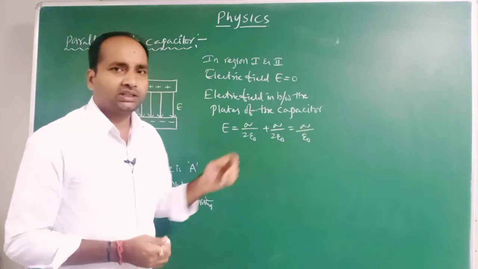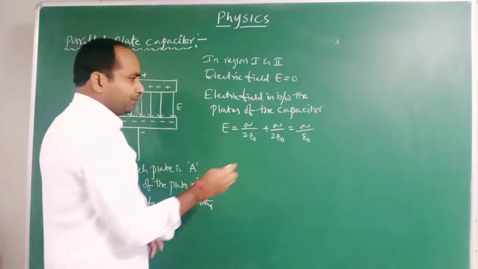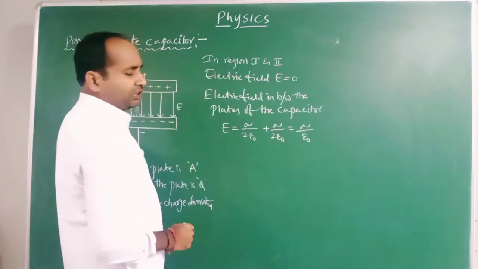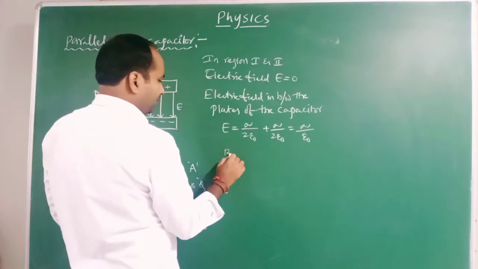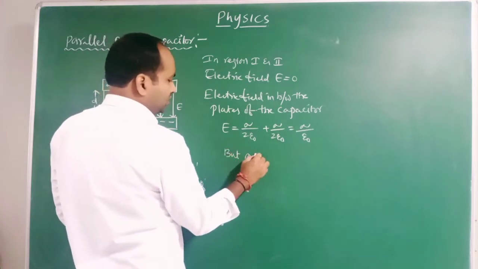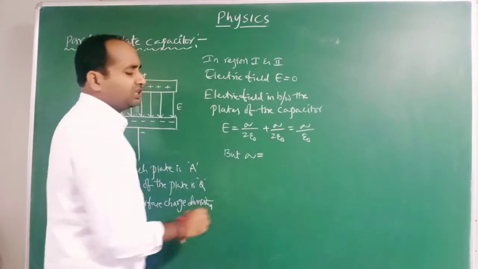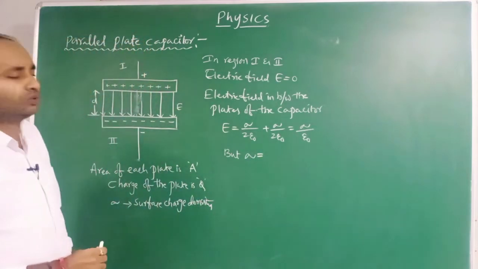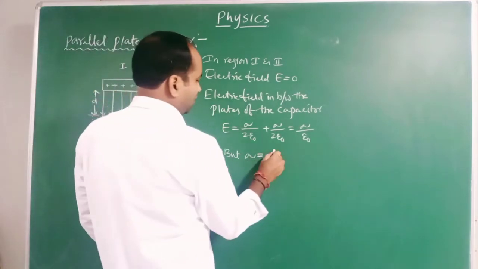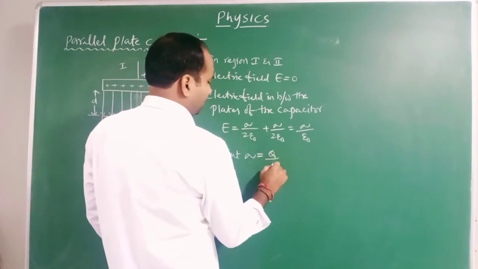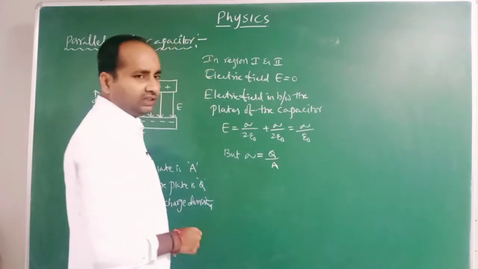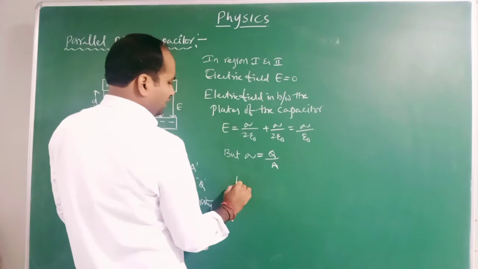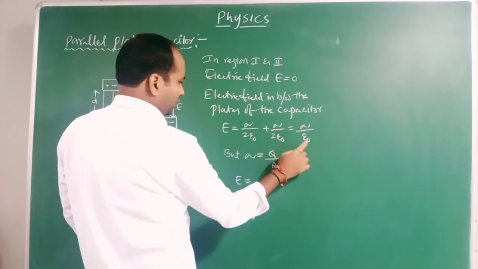What will you get here? Sigma by epsilon naught. Now this is an electric field, but sigma, the surface charge density, can be written as charge per unit area. Sigma is equal to Q by A. Substitute here: E is equal to sigma by epsilon naught.